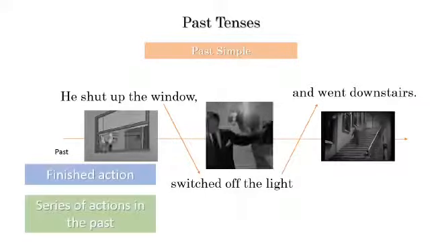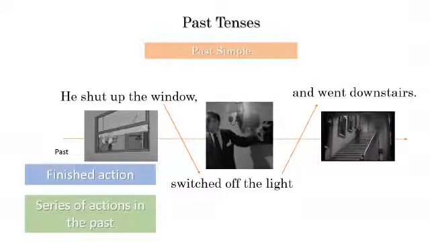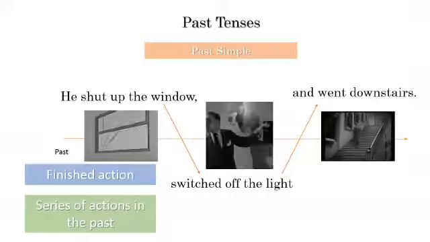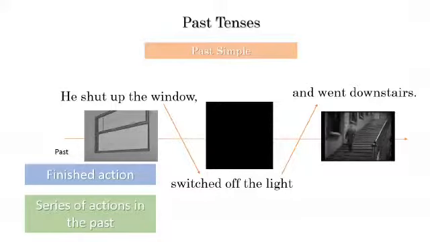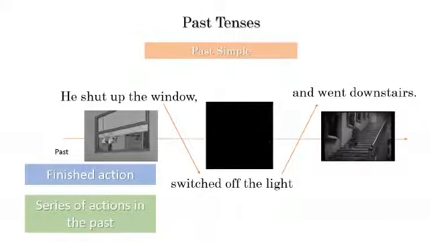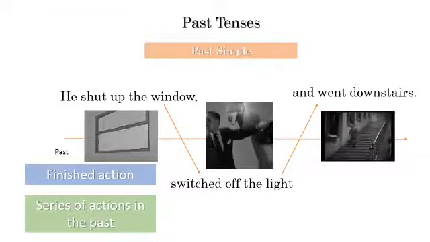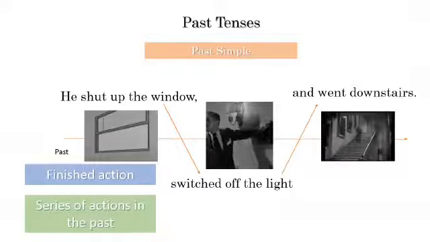Here, we see that we can use past simple for a series of actions in the past, when one action happened after another action. For example, I got home, took off my shoes, and went to the kitchen. That's also possible. Okay, if you understood, let's continue our lesson.